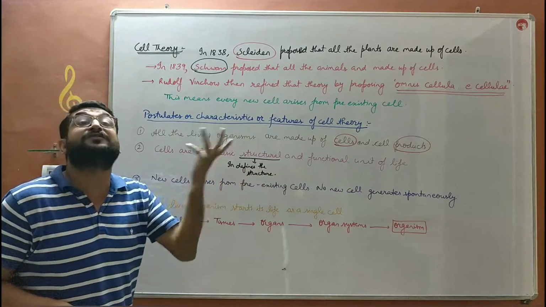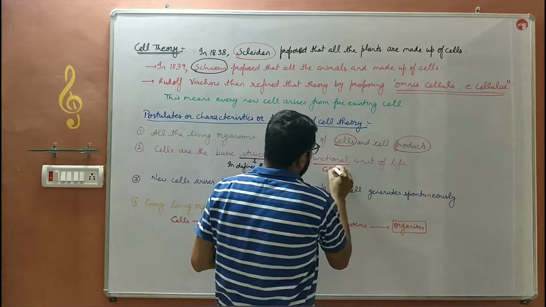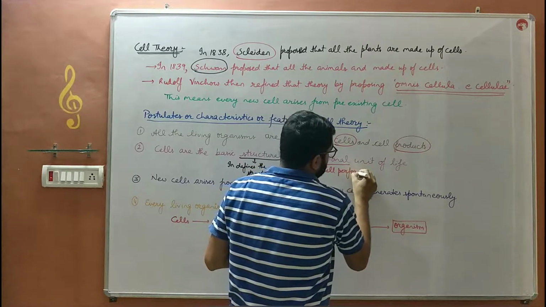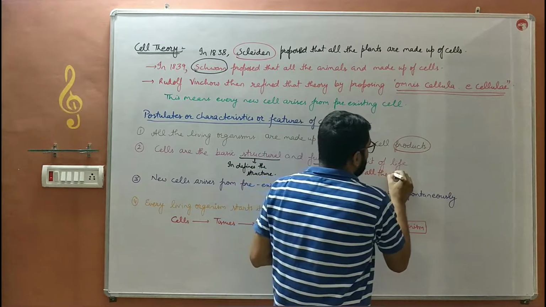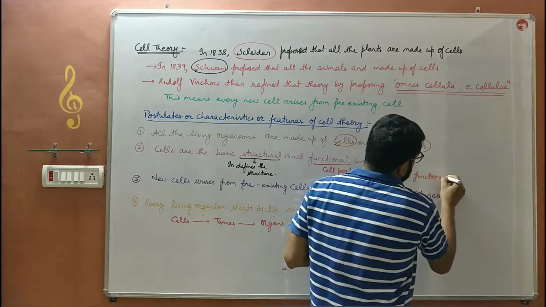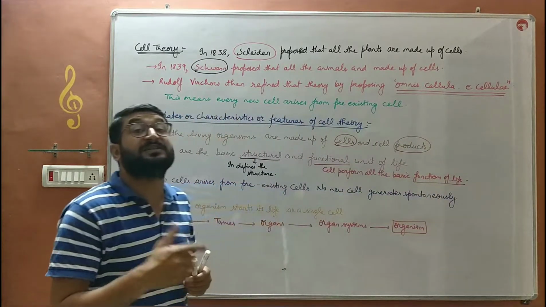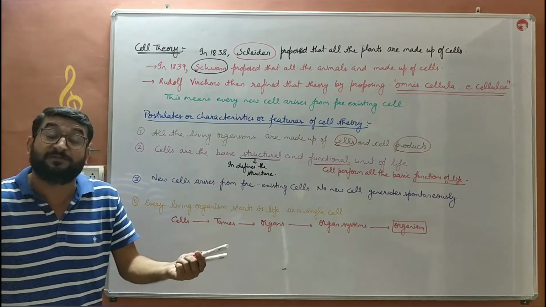Next, why is it referred to as functional unit? Because cell performs all the basic functions of life. Now the question arises, what are the basic functions of life? The basic life processes, beta.